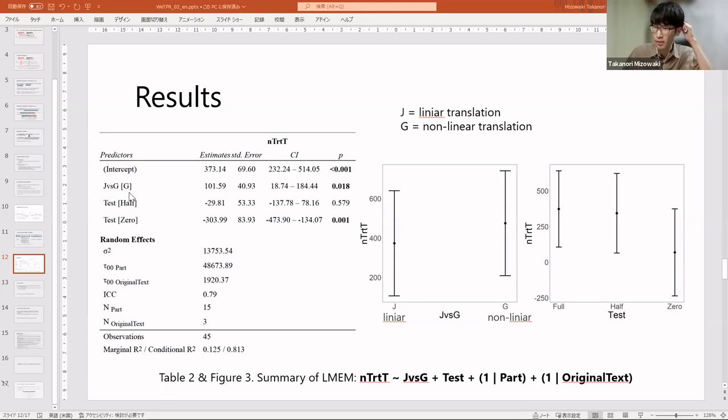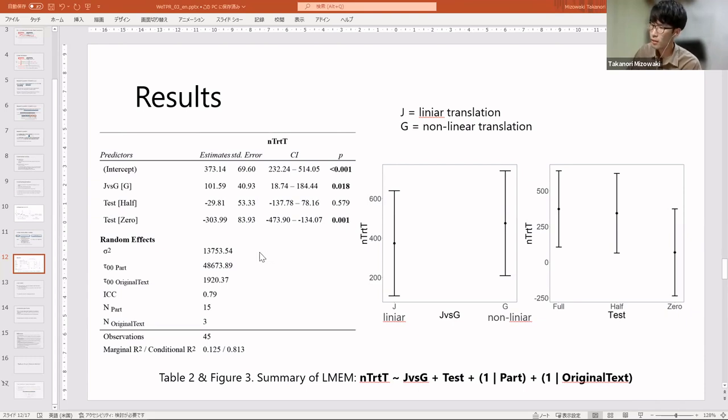So the first question, I don't know how. The answer is like this. We have the reading time when they read linear translation and non-linear translation, and the difference is like this. Does that answer your question?